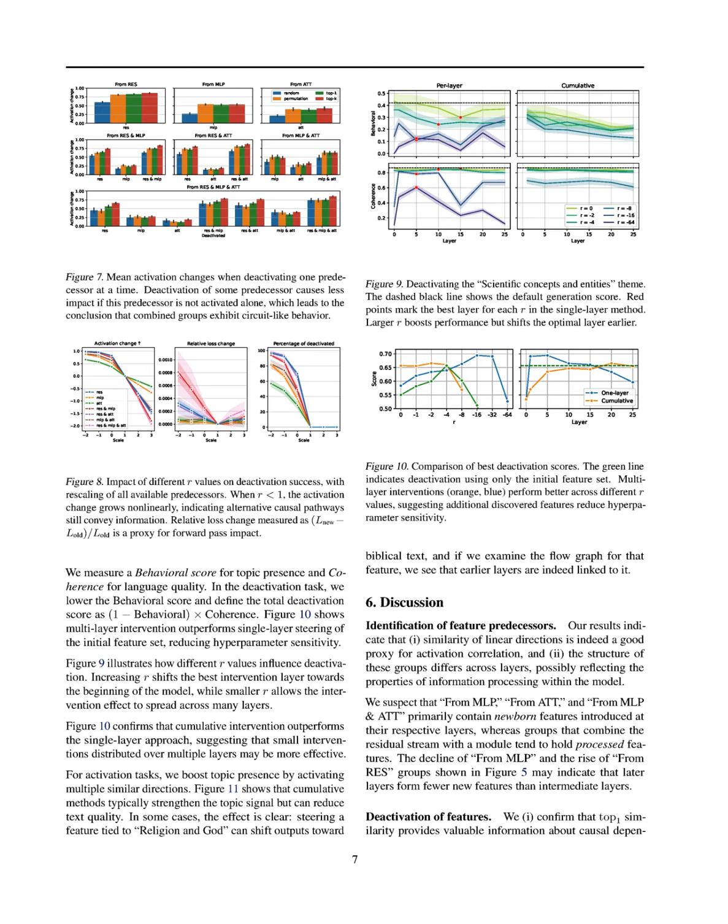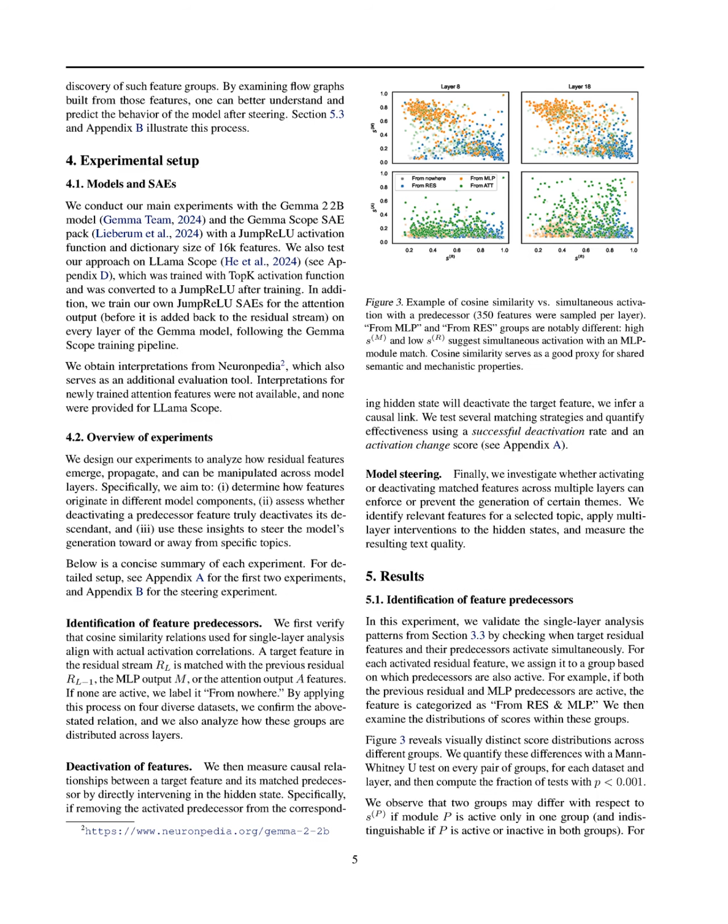For model steering, we compared the effectiveness of multi-layer interventions against single-layer approaches by measuring behavioral scores for topic presence and coherence for language quality, demonstrating that cumulative interventions outperformed single-layer methods. This comprehensive experimental design, including statistical tests like the Mann-Whitney U-test, ensured robustness in our findings regarding the evolution of features and the effectiveness of steering strategies.